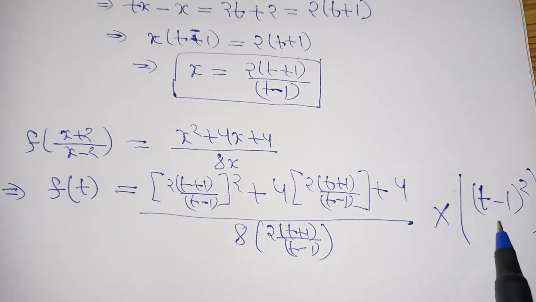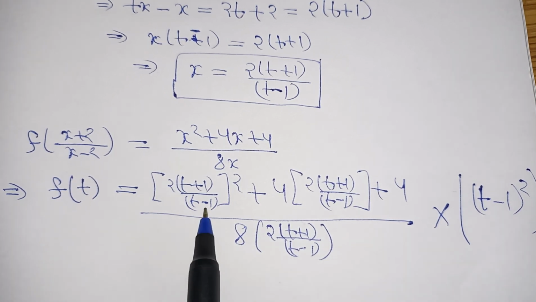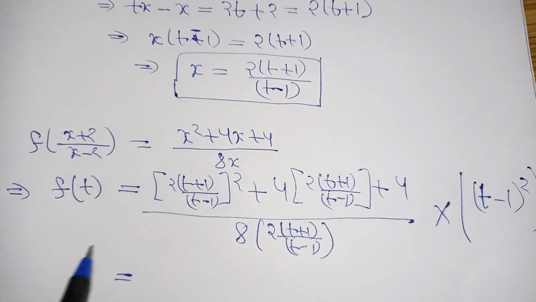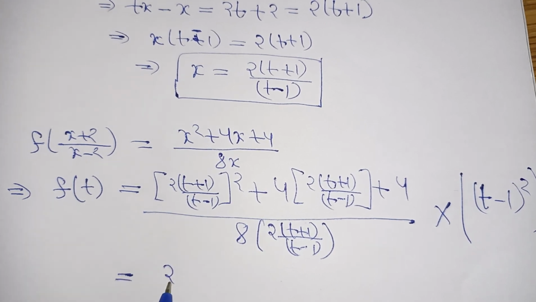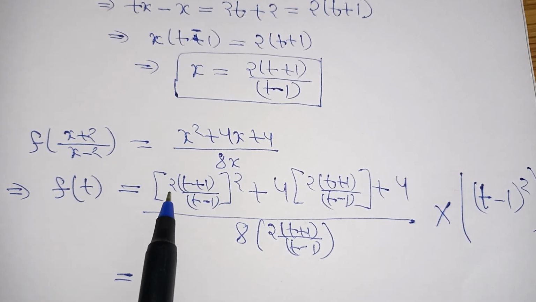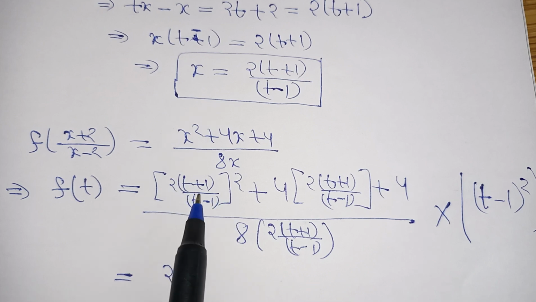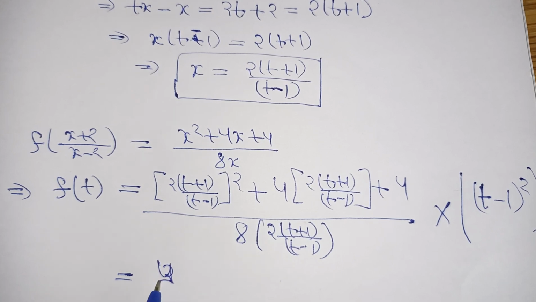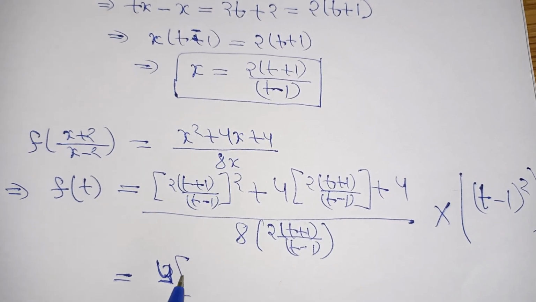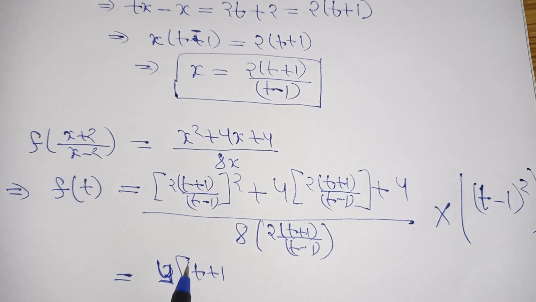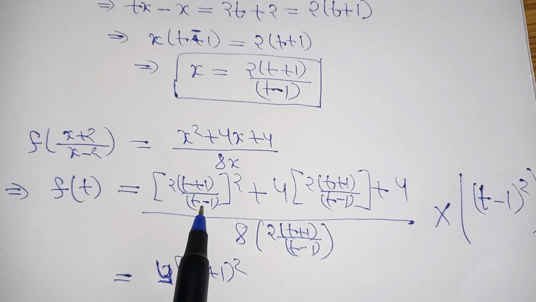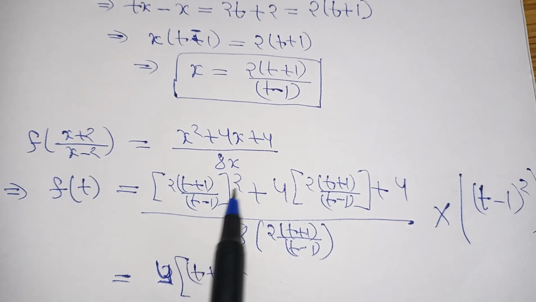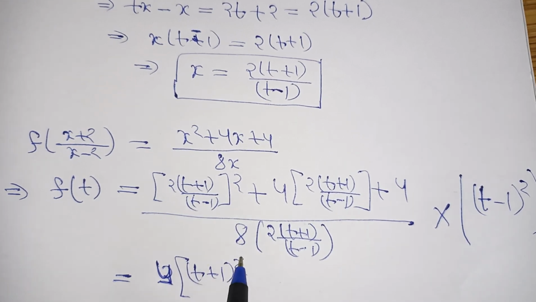Then by multiplying, taking 2 outside whole power 2, by squaring 2 we have 4, right? 4 will be taken outside, and now we have (t plus 1) whole square, and the denominator part cancels out.